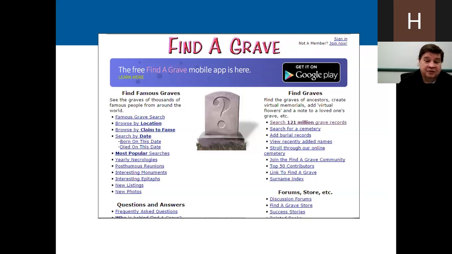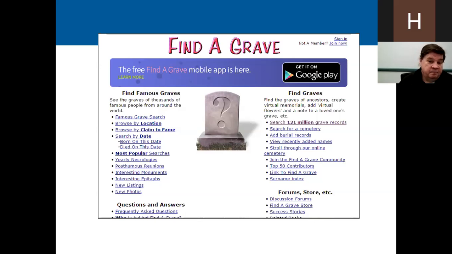Other places to find information about deaths are online. Find a Grave is probably the largest free website of cemetery information. This is all done by volunteers. You can search it by name. You can narrow it down by state and county.